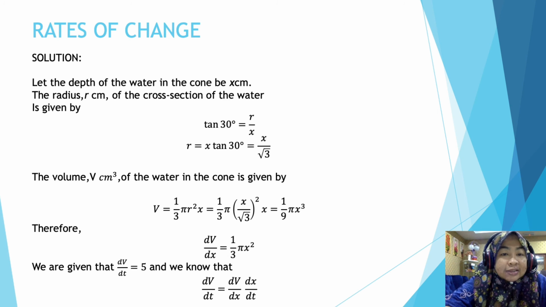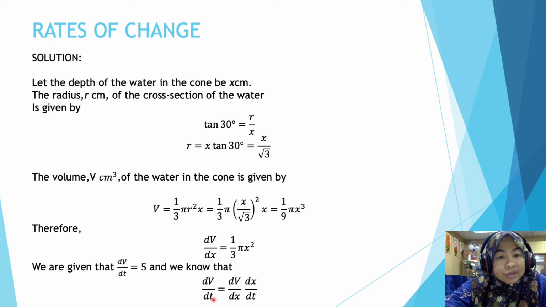Alright, so what's next? We will use the chain rule: dV/dt equals dV/dx times dx/dt. First we differentiate V in terms of x, so we have dV/dx. dV/dx is 1 over 3 pi x squared.